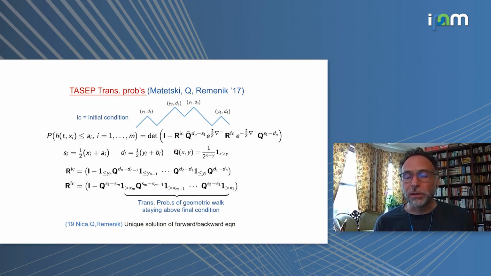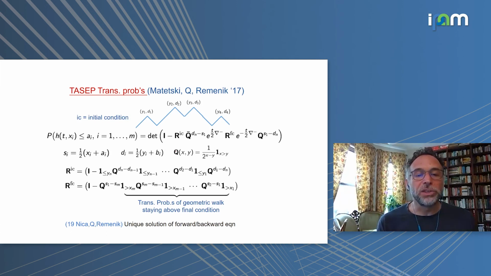So that's simple also. And then the important things are these r's. So there's an r for the initial condition called RIC, and there's an r for the final condition. And if you look, they're rather the same. So I'll just talk about the r for the final condition. The key object in the r for the final condition is just a product of indicator functions and q's, which is nothing but the transition probabilities of the geometric walk forced to stay above the final condition.